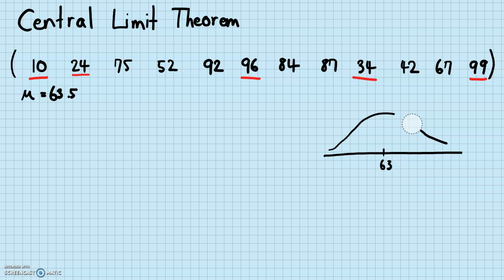I think actually the graph is going to be less steep because it's pretty well distributed right now. Okay, so this is what a graph of the data here would look like. But let's look at some of the means of the scores.